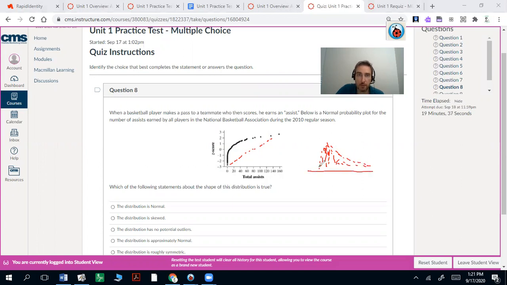So normal probability plots the numbers against z-scores, not against anything else. So it's going to be skewed to the right because of this tail going to the right. It may have outliers. These points could be considered outliers, but it's not normal. It is skewed. It probably does have outliers, so it can't be this one. It's not approximately normal, and it's not even symmetric. It's going to be skewed right, so it's going to be this one here.